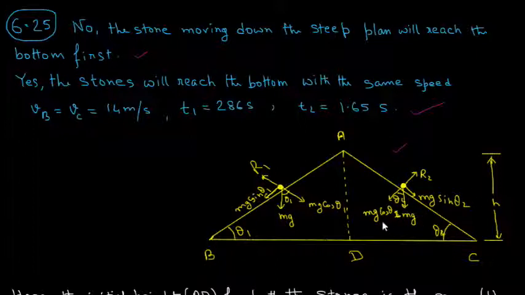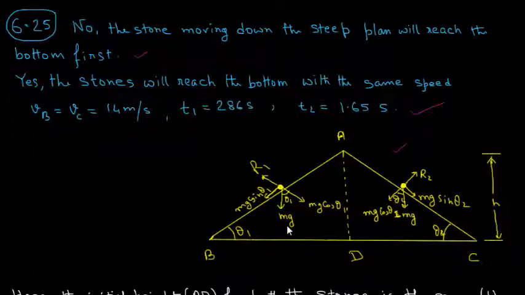Now let us see the free body diagram for the given problem. So here we can see the weight is acting in the left hand side, that is in triangle ABD. We can see the weight mg is acting vertically downward.